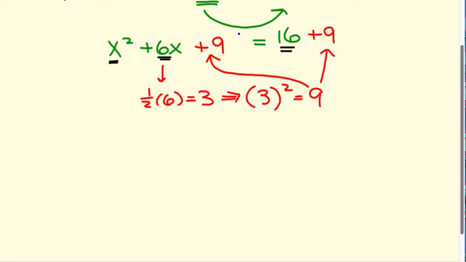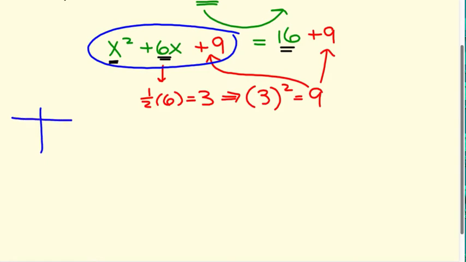Now this makes this a nice pretty factor of a perfect square trinomial, and I'll show you why. If you make your chart and you say the factors of c, so the factors of 9 that add to b, which is 6, factors of 9 are 3 times 3 that add to 6.